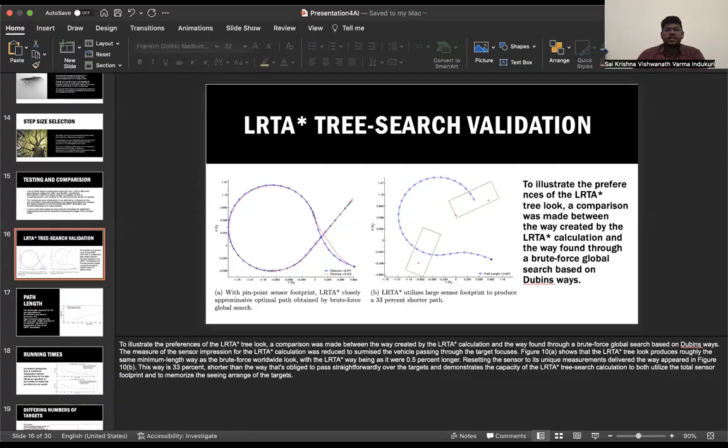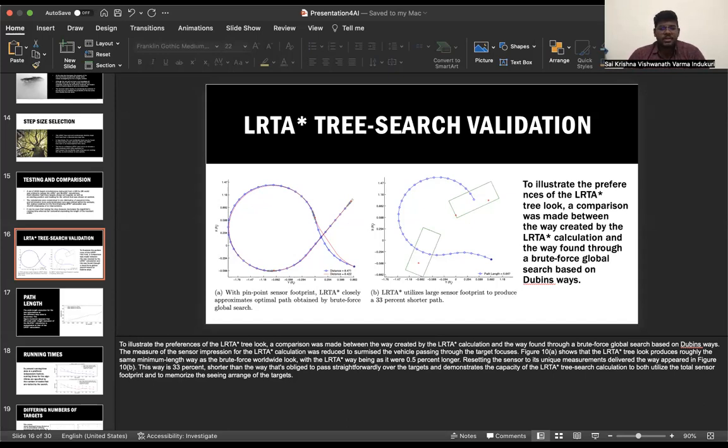So LRTA tree search validation. To illustrate the preference of the LRTA tree search, a comparison was made between the path created by the LRTA algorithm and the path found through a brute force global search based on the Dubins path.